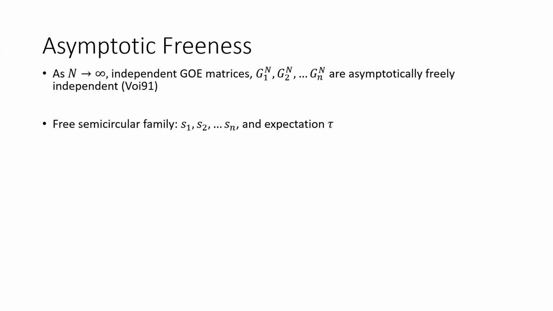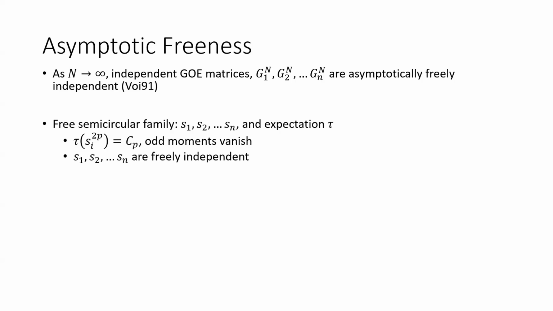Okay, fine. So when we define these random variables, we say that each Si has the moments where the odd moments vanish and the even moments are given by the Catalan numbers. And the joint distribution of these random variables is characterized through free independence.